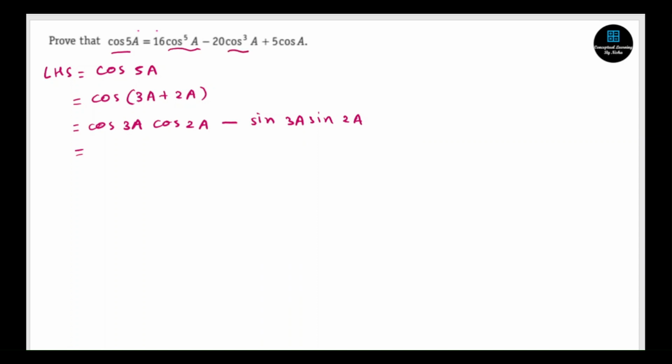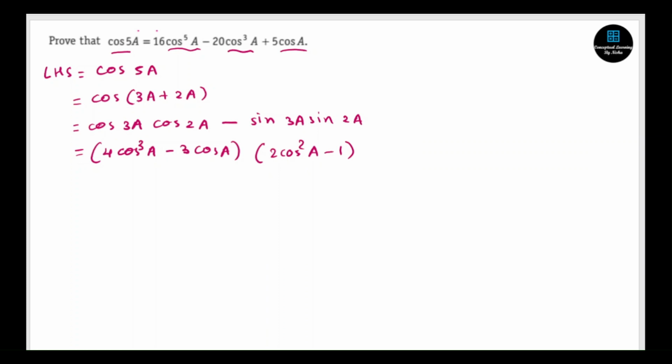See, all of them are in terms of cos a. So I can write this. This is nothing but 4 cos cube a minus 3 cos a. Then cos 2a in terms of cos a is 2 cos square a minus 1. Do you remember I told you while showing you the formula? As per requirement, we have to write the formula.